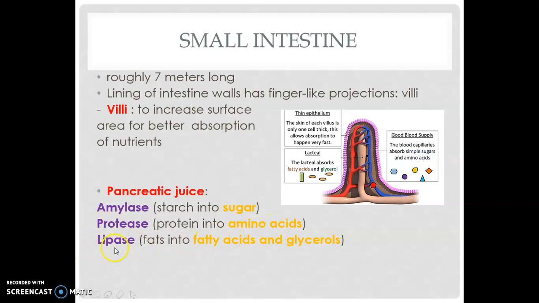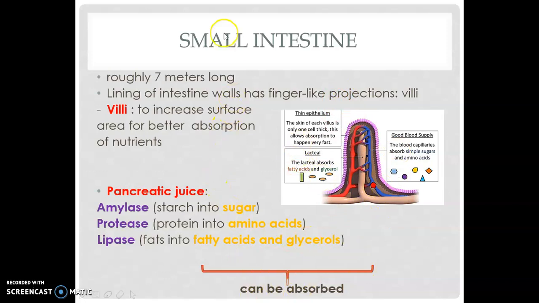And lastly, the lipase turns the fat into fatty acid and glycerol. Sugar, amino acids, fatty acid, and glycerol are the basic or simplest versions of carbohydrate, protein, and fat respectively. These structures are small enough to be absorbed by the blood capillaries and lacteal accordingly.